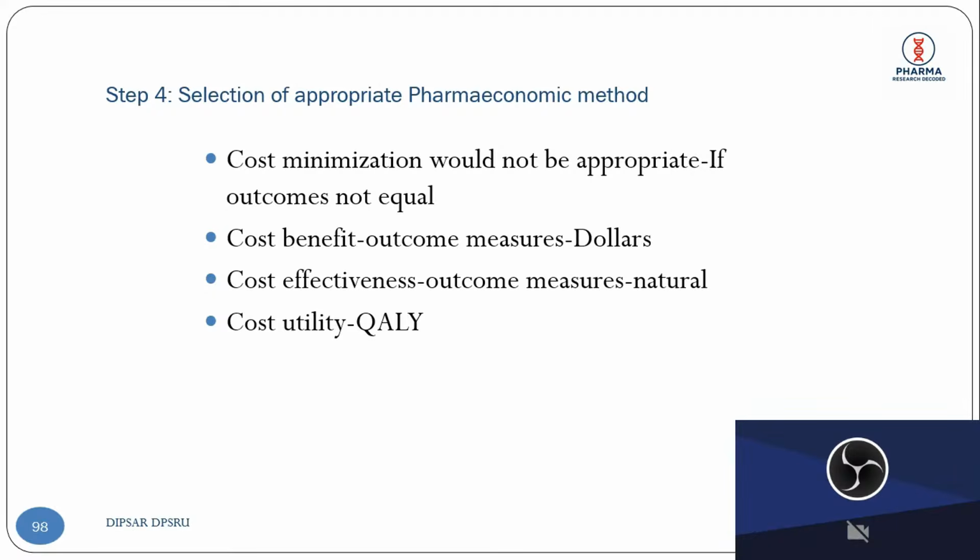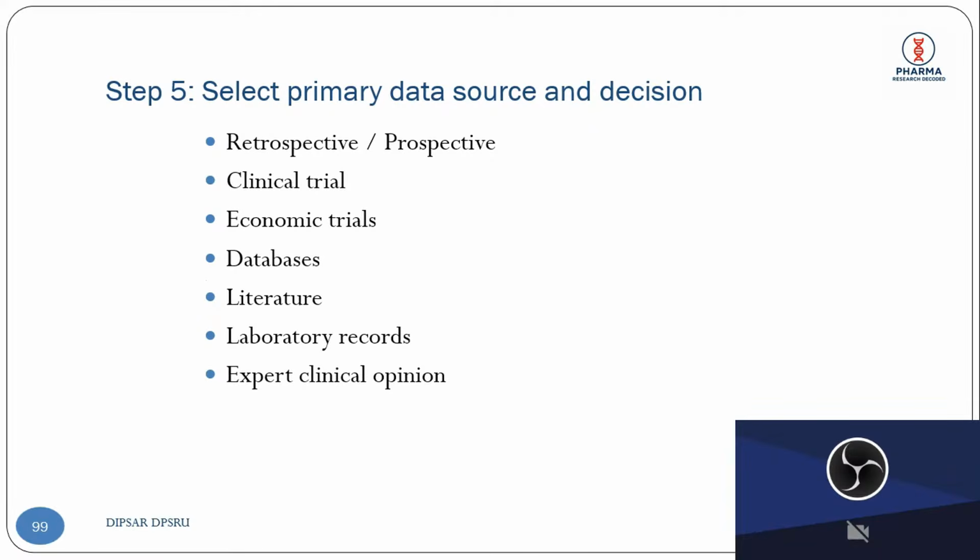Cost benefit, outcome measured in monetary terms, like dollars, rupees, whatever. Cost effectiveness, outcome measured in natural units. Cost utility, outcome measured in quality. So depending upon your research question, you have to select the appropriate pharmacoeconomic method. Got it? Then step 5, select primary data source and decision.